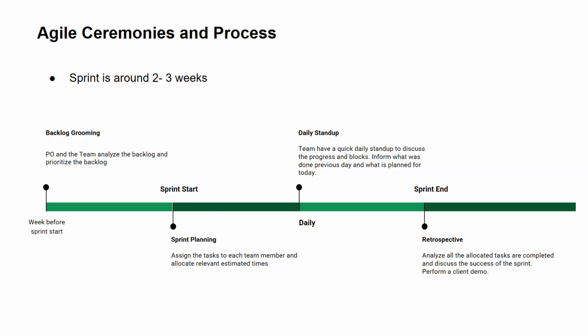What each person has to tell is what he or she has done during the previous day, what he is going to do today, right? And any blocks or issues that he is facing that are hindering his progress, right? That is what will be discussed during this daily stand-up meeting, right?